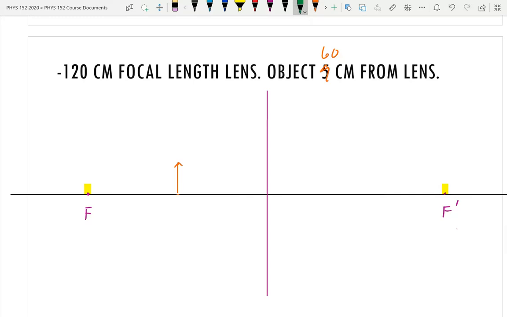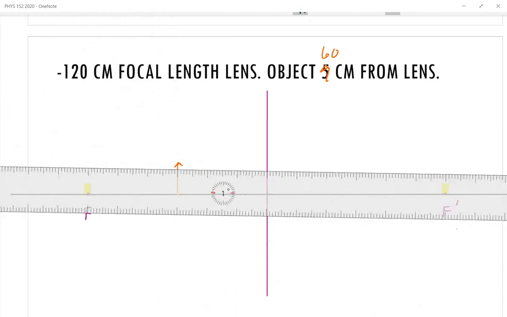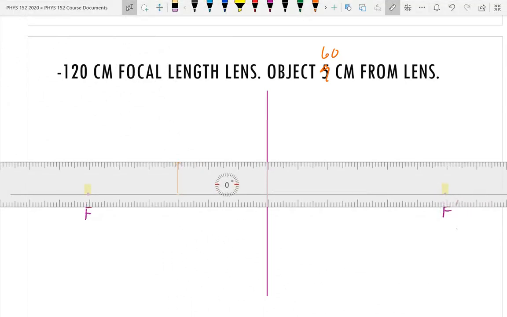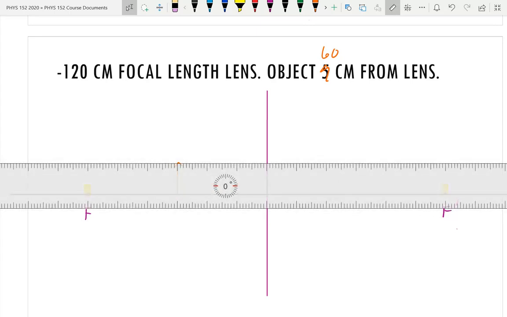So how do I draw my parallel ray? From the tip of the object through the vertex to the focal point. Not to the vertex. Yeah, so it doesn't go to the vertex in this case. It just goes parallel to the principal axis. So it goes like this. And then how does it refract? It goes back to the focal point.